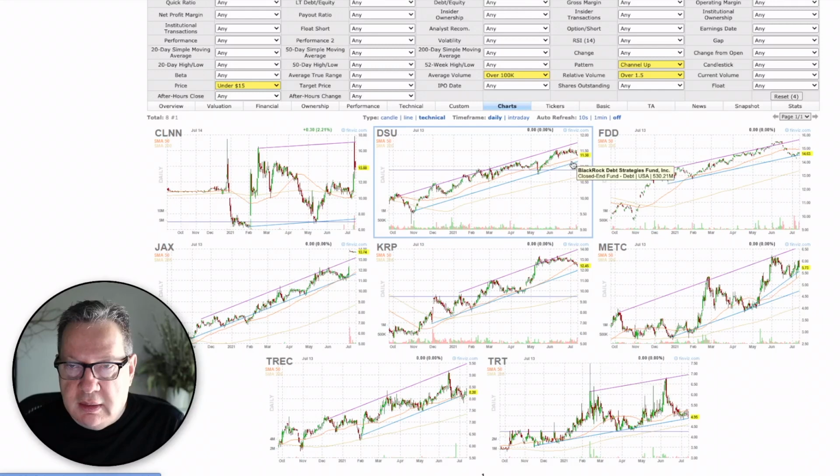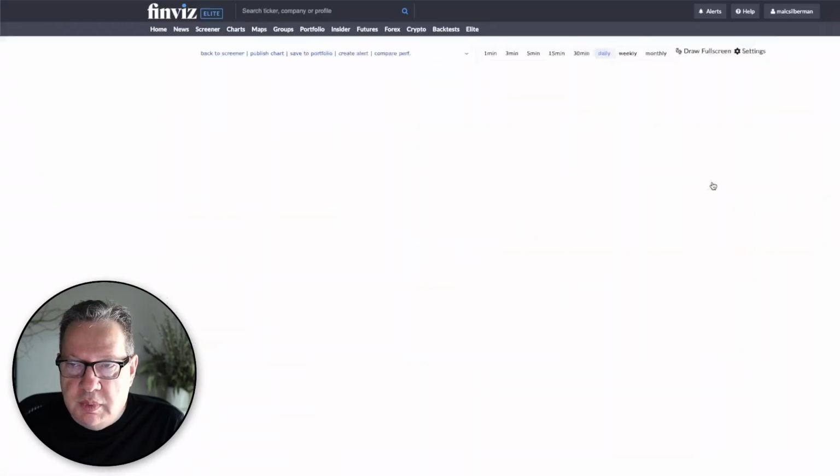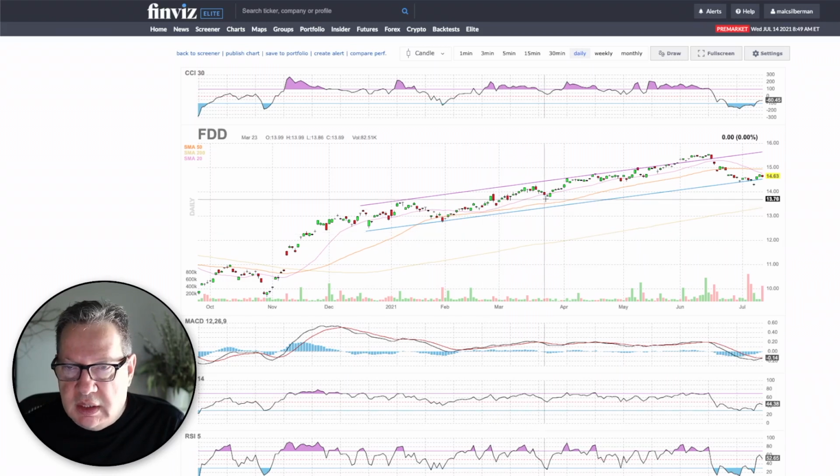Looks like it's hitting its resistance there. Looks like a very narrow range though, so probably avoid this one. This one looks like it's turning and maybe coming back, so FDD could be one to look at in a little bit more detail. You can see that these look like very much doji bars, not much trending there.